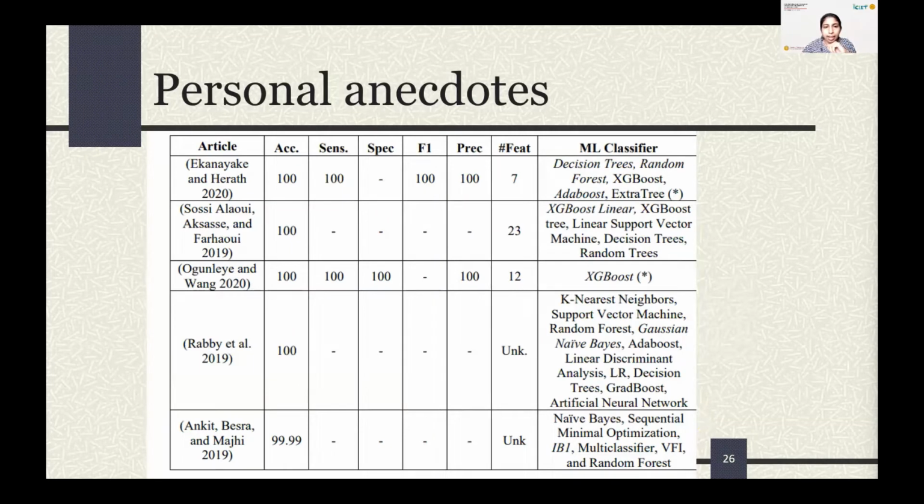Also, interestingly, this table is coming from a publication that compared different studies that have looked at chronic kidney disease data, and proposed a classification method to differentiate between a patient with chronic kidney disease and a patient without.